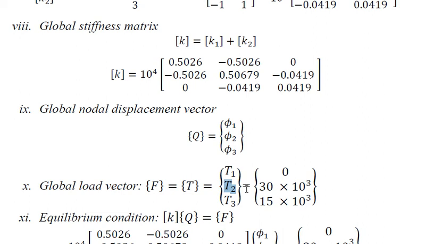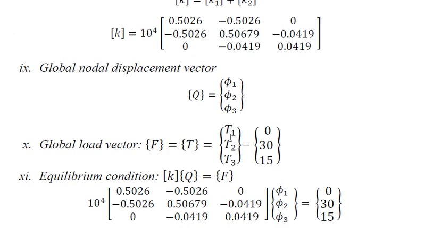At node 2 it is 30 Newton meter. We have taken Newton and meter as the units, so therefore I will write only 30. T3 is 15 Newton meter. That is why I will retain only 15.